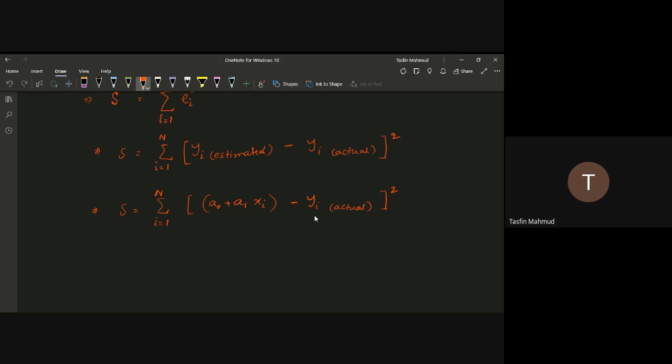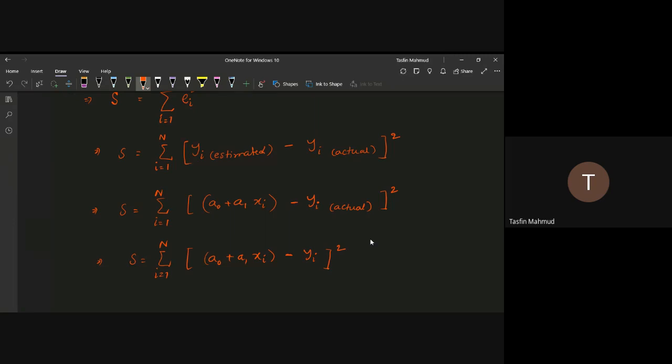Okay, so we can just consider these actual values as the yi. I'm just going to remove this actual term because it would expand the equation a bit more. So here we have a naught plus a1 xi, this is our estimated value, minus the actual value, which is the yi, and we are squaring this term.